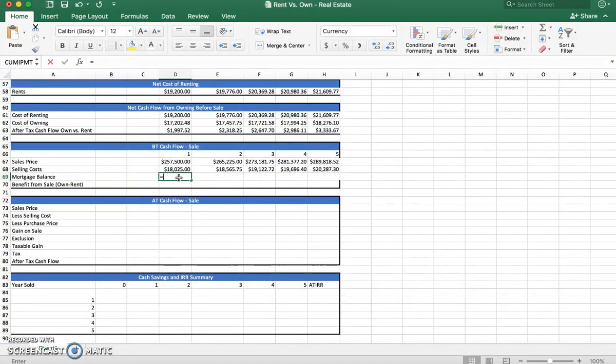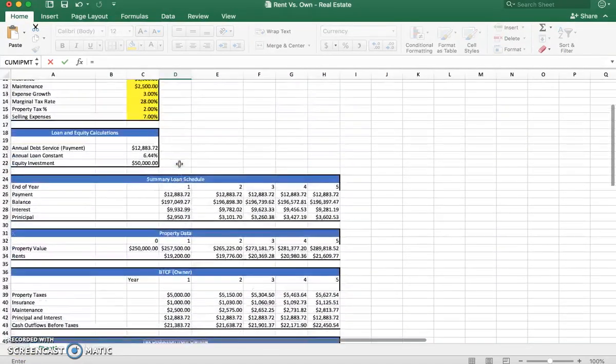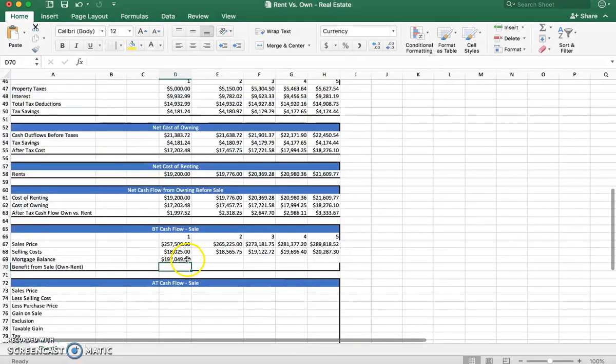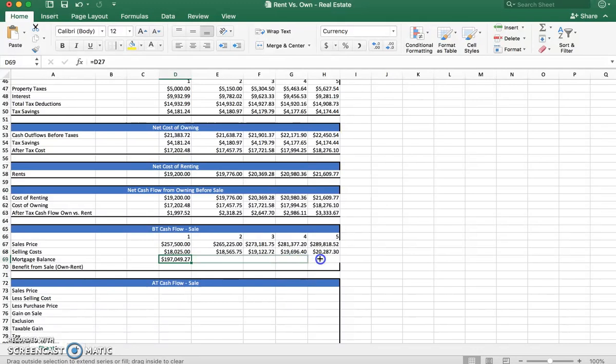Alright, as I was saying, the mortgage balance, we're just going to pull from the summary loan schedule balance right up here. Alright, we should be able to pull that all the way across. Just dragging those numbers down.